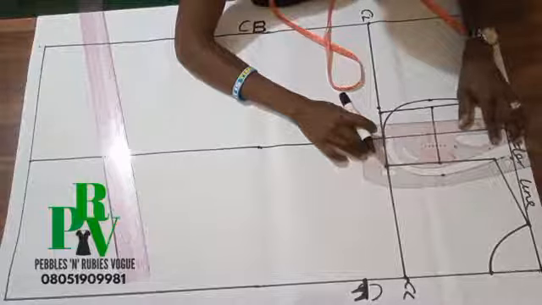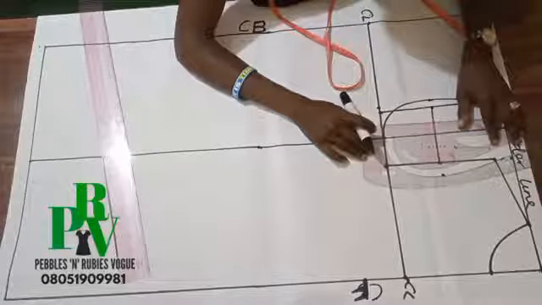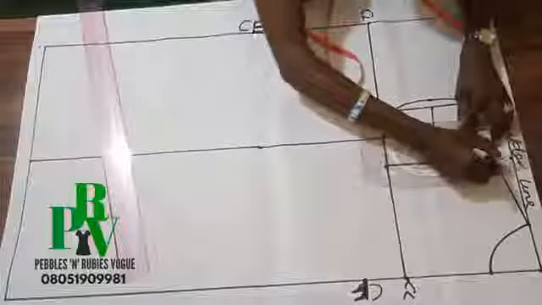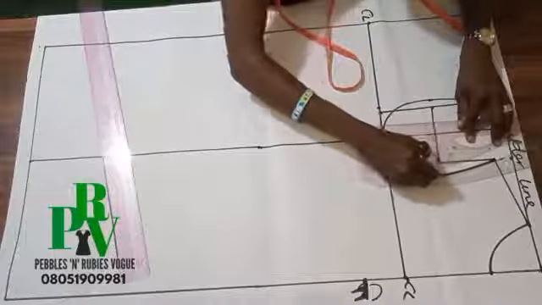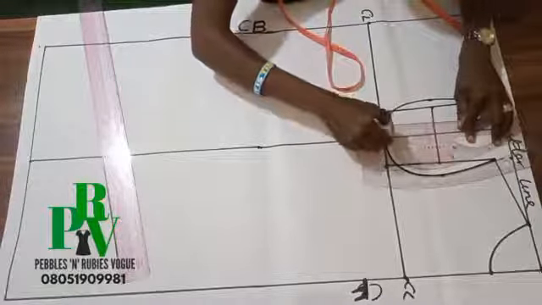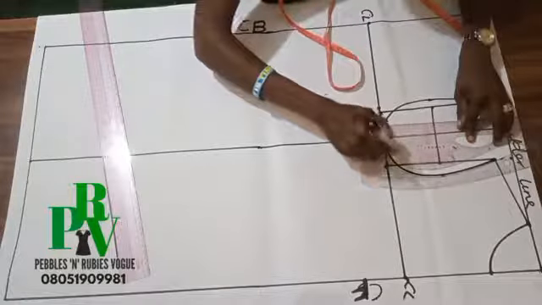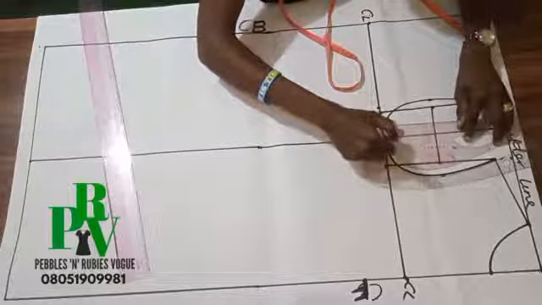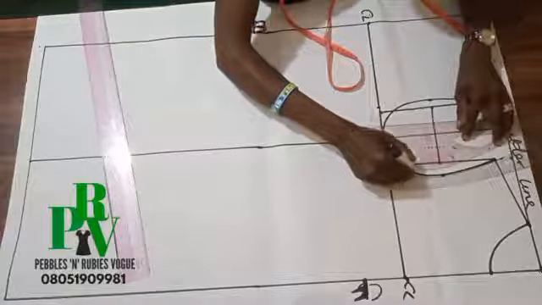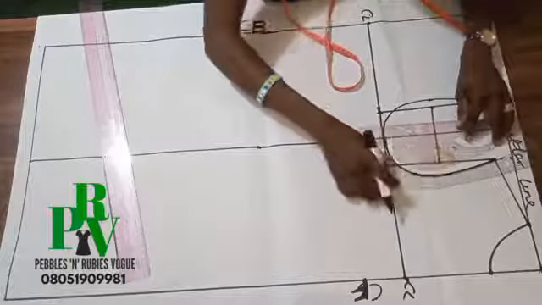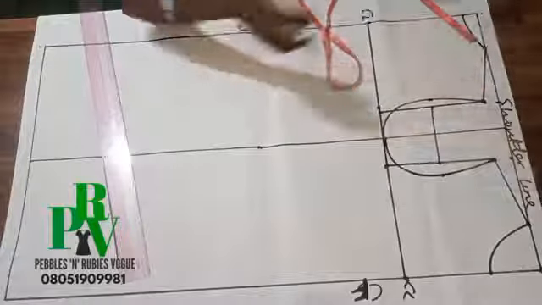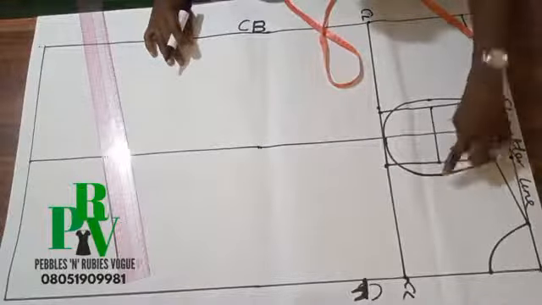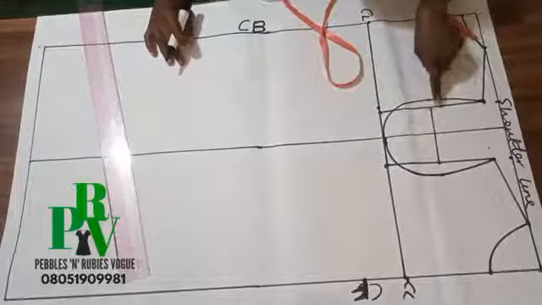Make sure you place your curve ruler to locate the 3 points, okay? Connecting my armhole curve. Alright, so we are done with that. So this is the front armhole, and then this is the back armhole.